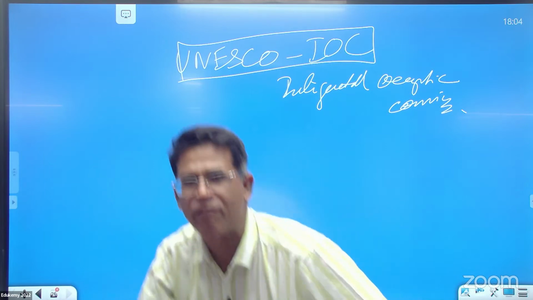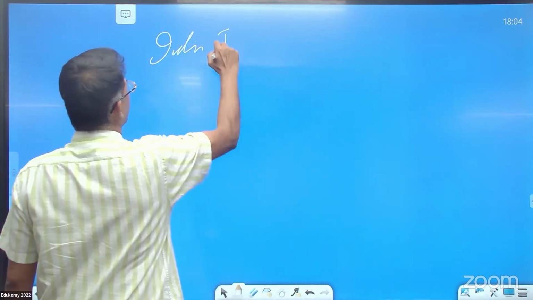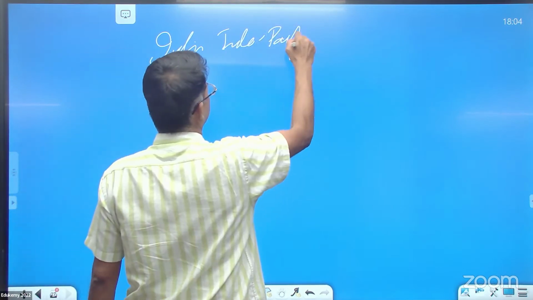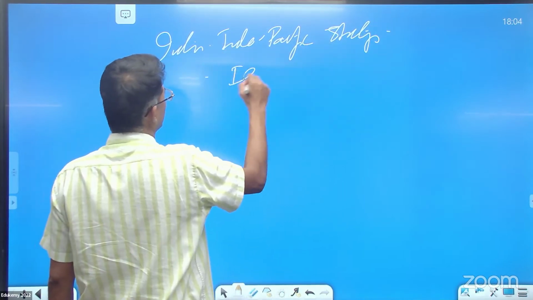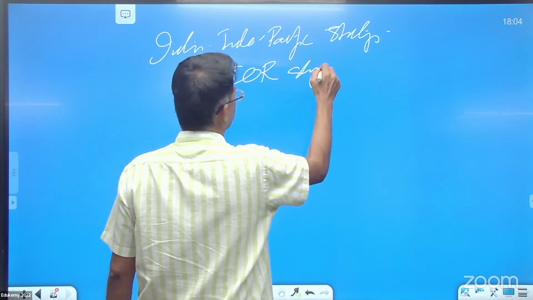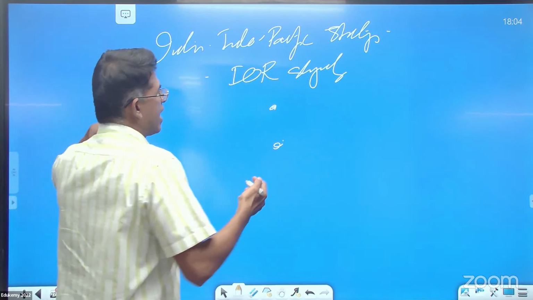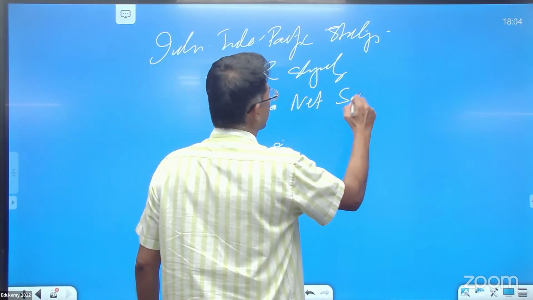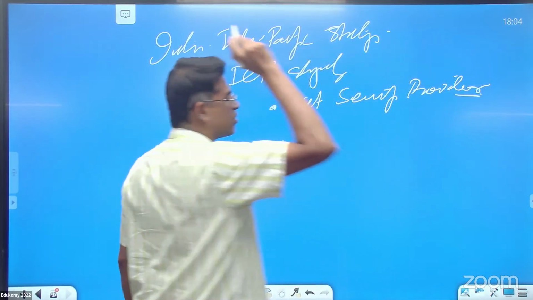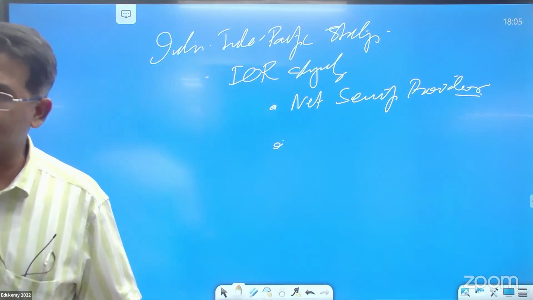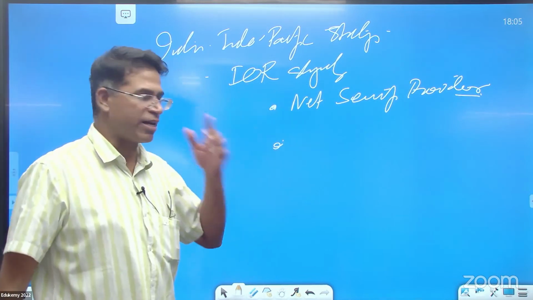I hope you know one fact. In India's Indo-Pacific strategy and India's Indian Ocean rim strategy, there are two things we want. We are declaring that India is the net security provider for all littoral countries of the Indian Ocean. This is what we want and the US accepts it.